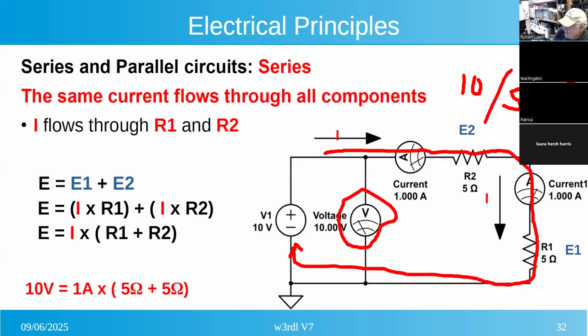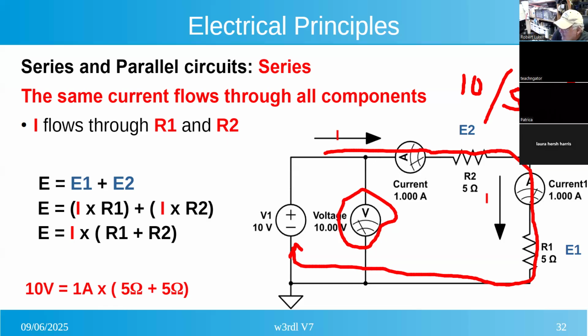If I change those to, say, 10 ohm resistors, then my current is going to go down to half an ampere. But it's still going to be the same through both resistors. If the resistors are different values, say one is 5 and one is 10, the total would be 15. So the current is going to be 10 divided by 15.